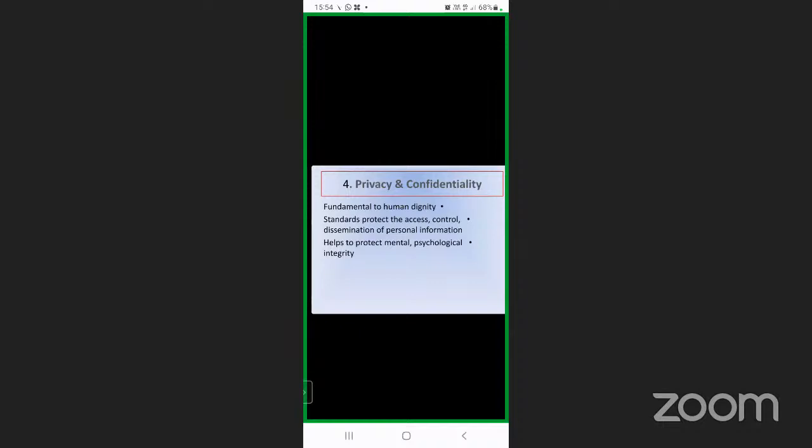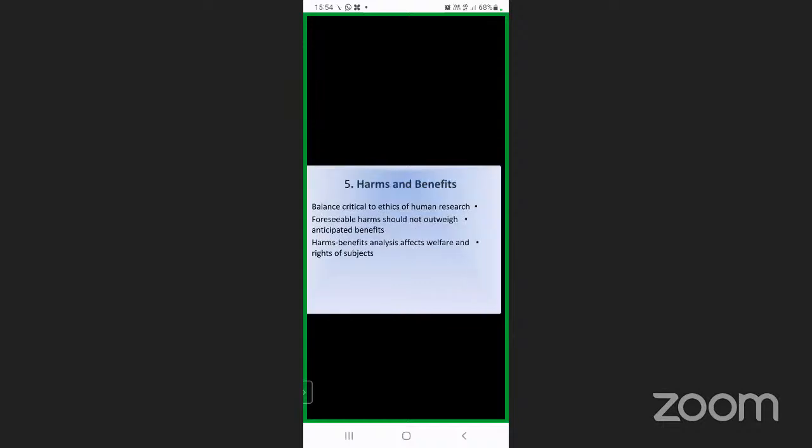According to this regular practice, the person should be the centric, or the beneficence and the justice should be received by that person. Okay? So that is included in the integrity. Then harms and benefits.